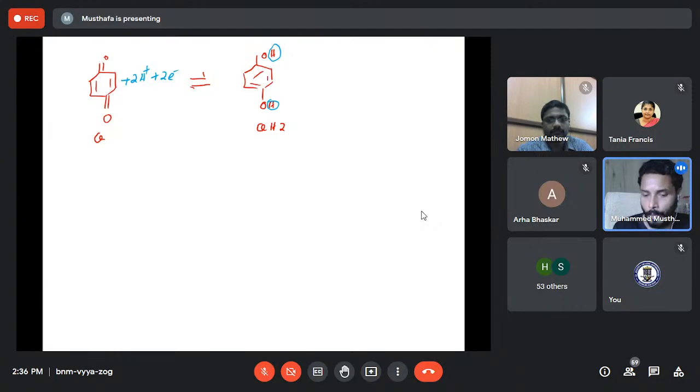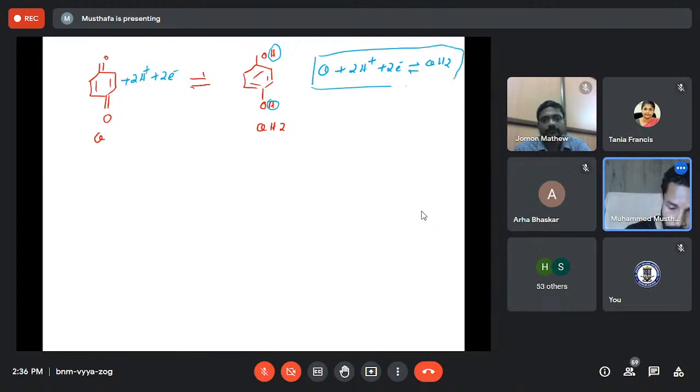Let me rewrite this equation as Q plus 2H+ plus 2 electrons going to QH2. This is the electrochemical equilibrium for the quinone-hydroquinone redox couple.